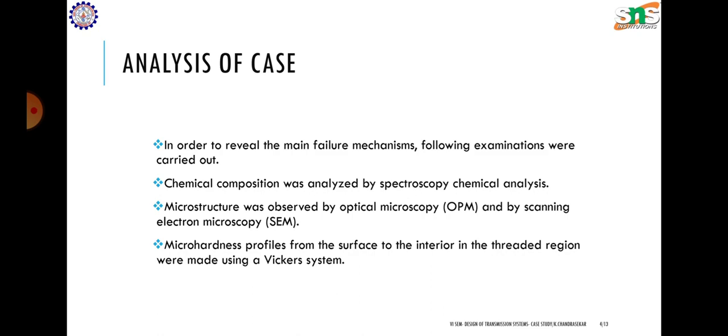In the hardness test, the microhardness profiles were used to determine the depth of the carburized layers. The depth where the hardness value is equal to HV550 is defined as the depth of the carburized layer.